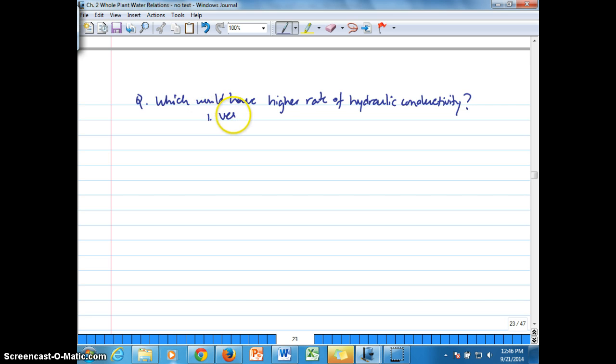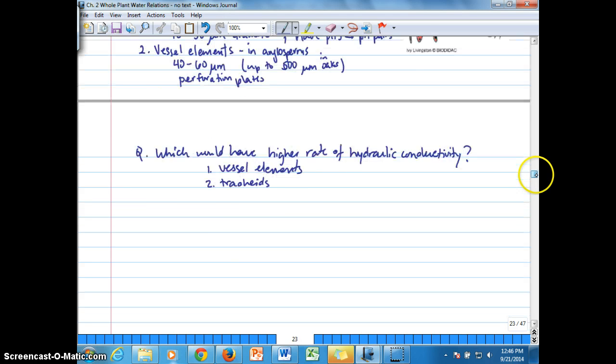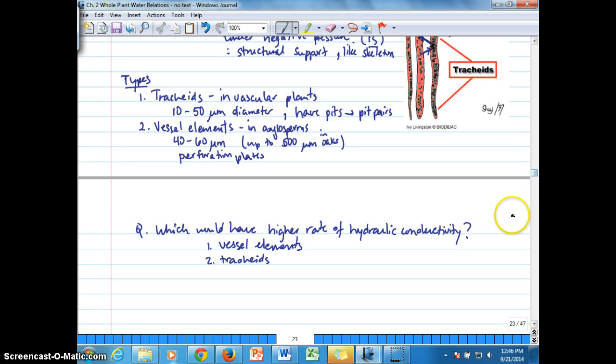Would that be vessel elements, or would it be tracheids? All right, so think about that as you look at the diameters there and you reflect on which of these is going to have a greater degree of bulk flow versus something that we'll be talking about shortly, which is capillary action.